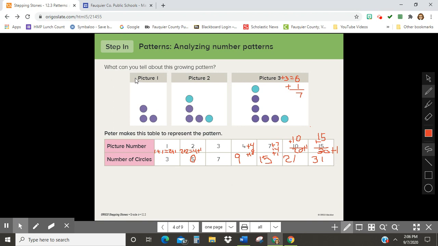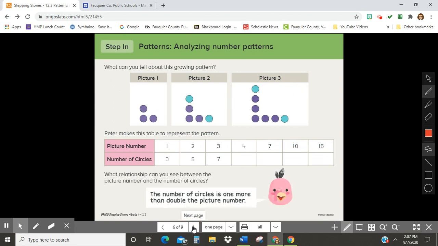The picture number is 1, this picture number is 2, this picture number is 3, plus 1 more. So 2 plus 2 is 4 plus 1 more. 4 plus 4 plus 1 more. So the number of circles is 1 more than double the picture number.